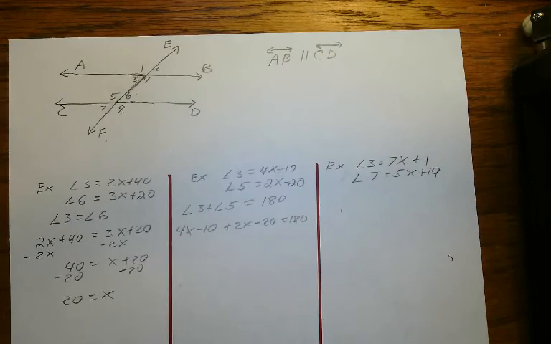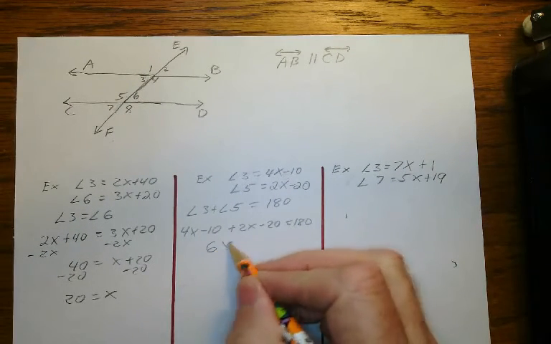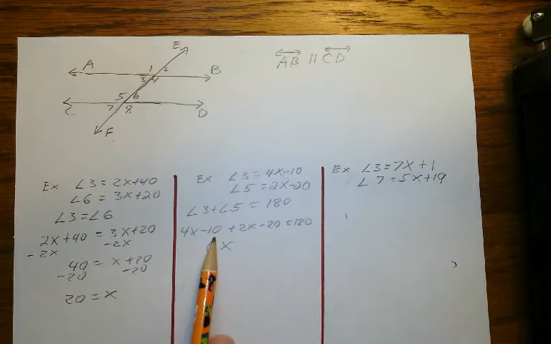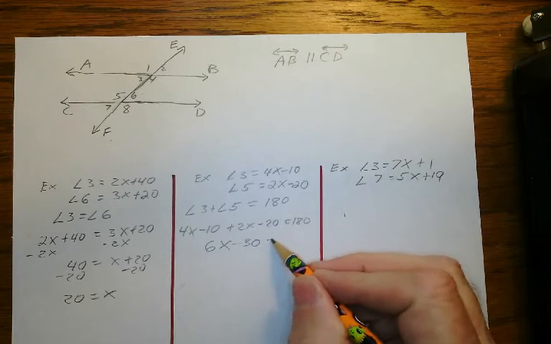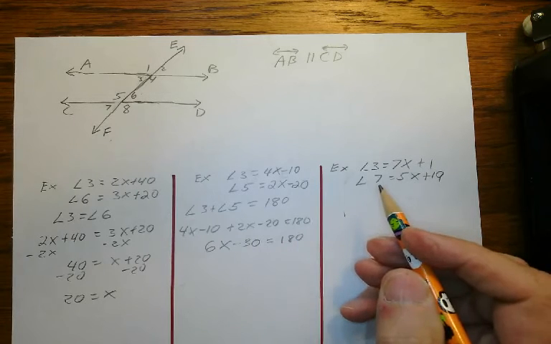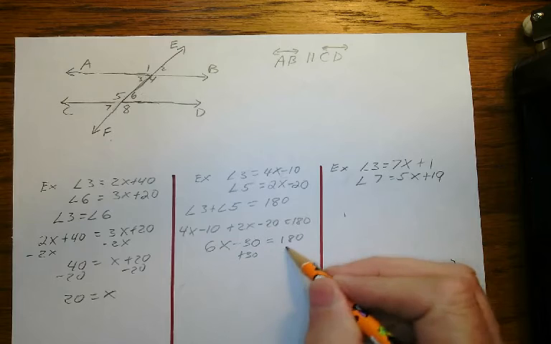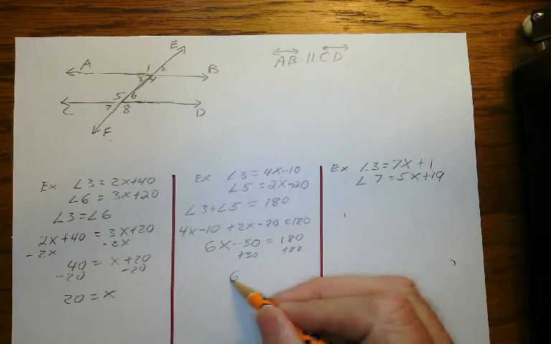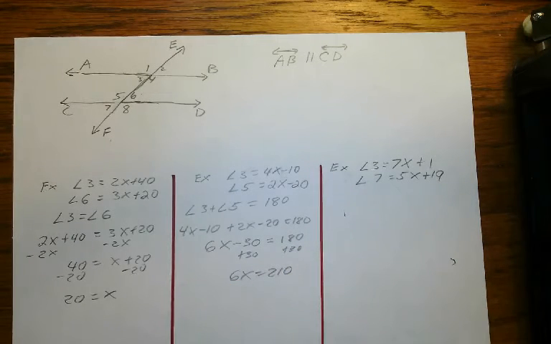Here our first step is to combine like terms. 4x and 2x is 6x. And when you combine a negative 10 and a negative 20, you get negative 30, equals 180. And then you add the 30, you get 6x equals 210. Uh-oh, that's not going to come out even. Let's pause there for a second.